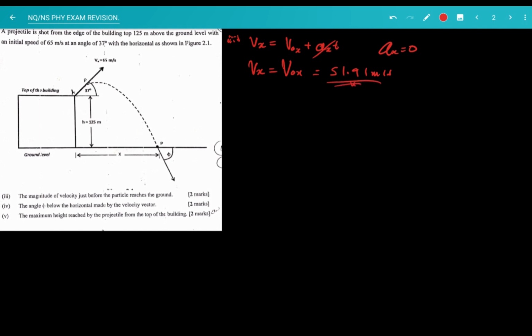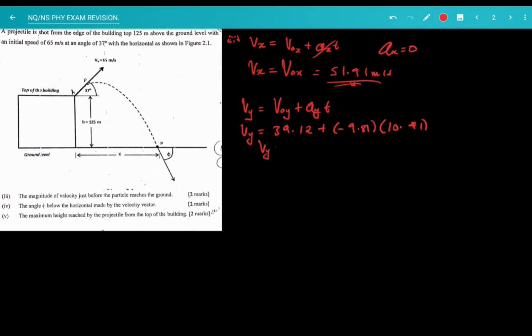After that, we need to find the velocity component in the y, and that would be the initial velocity in the y plus the acceleration in the y times the time. So the velocity in the y is equal to the initial component in the y, which is 39.12, plus the acceleration in the y, which is equivalent to the gravity, so minus 9.81, times the time it took to reach point P, which is 10.41.